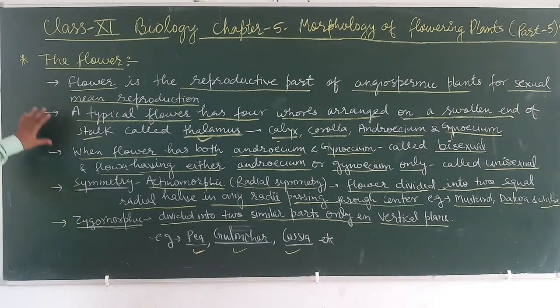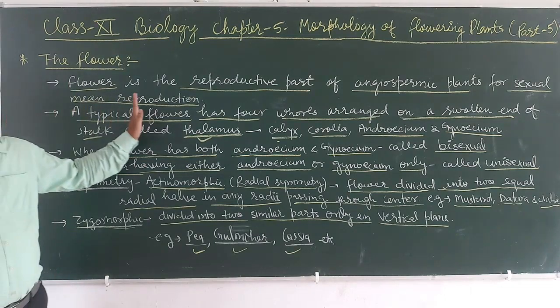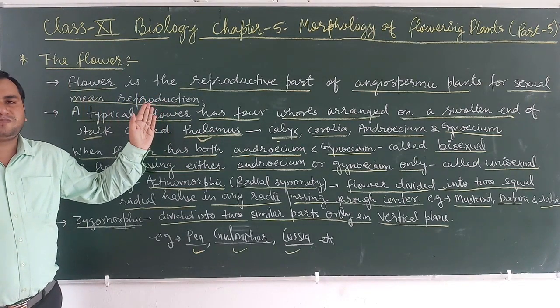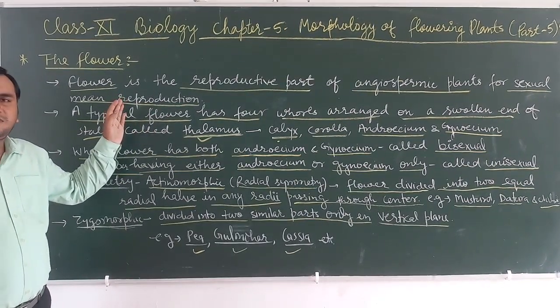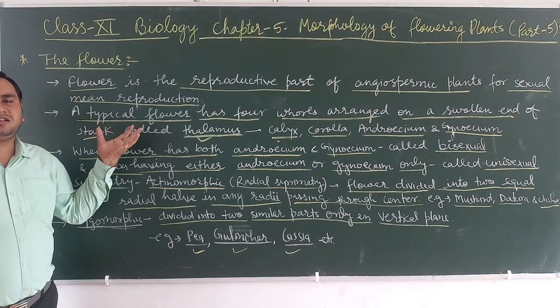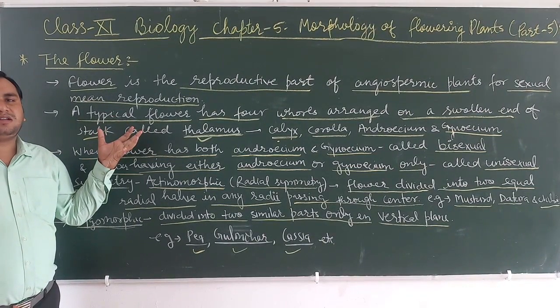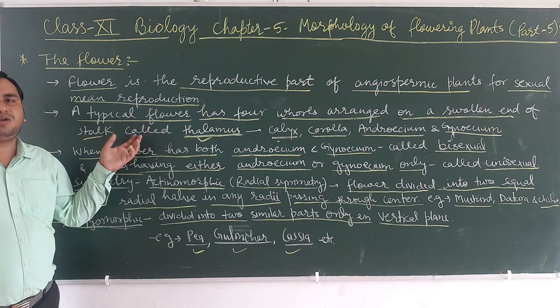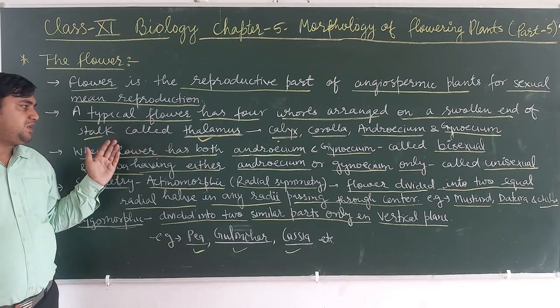This is about the flower. The flower is the reproductive part of the angiospermic plant, and a typical flower has four whorls attached to the thalamus: calyx, corolla, androecium, and gynoecium.